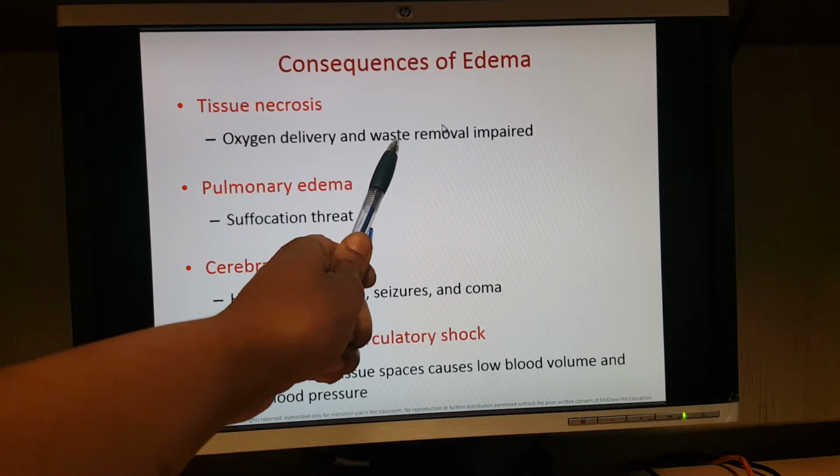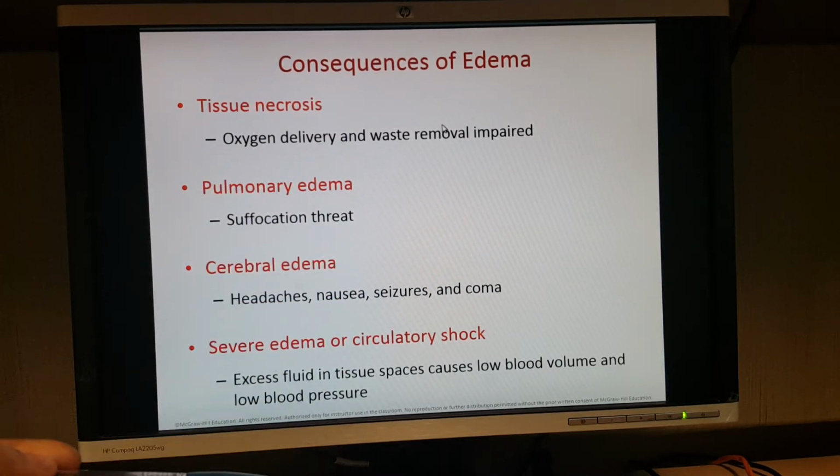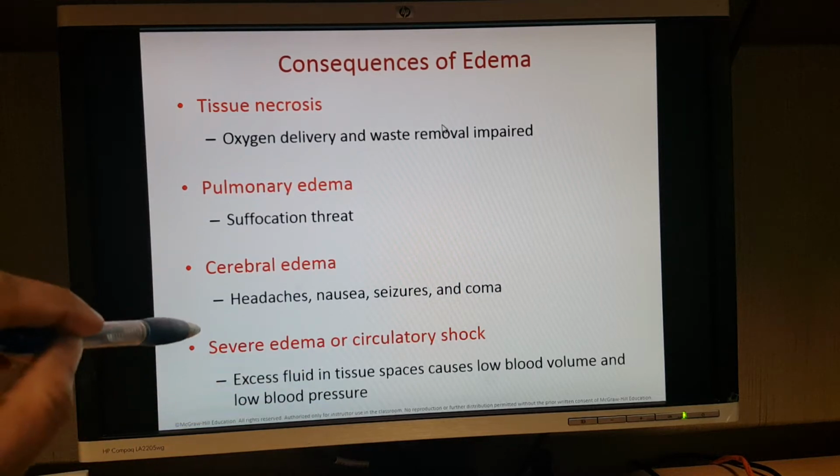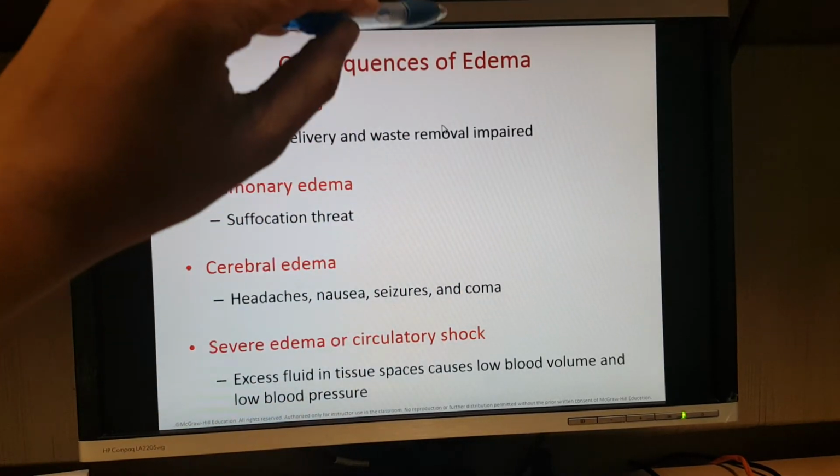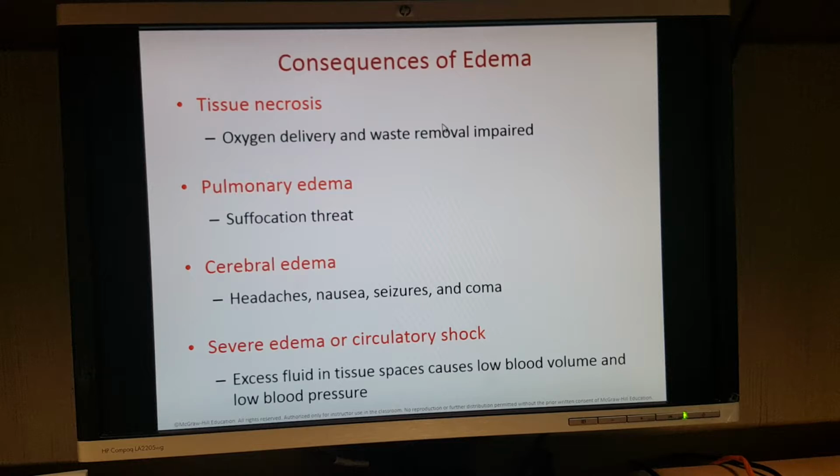Also, your waste removal is impaired, so all that toxic buildup, instead of being removed and going back to your heart through the venous system, stays in those tissues.